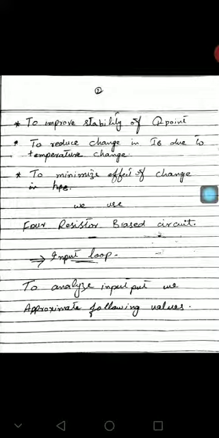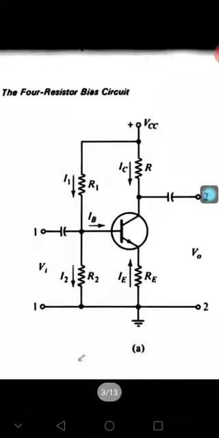To discuss the 4 resistor biased circuit, we take a common emitter NPN transistor amplifier configuration, which is shown in this figure.